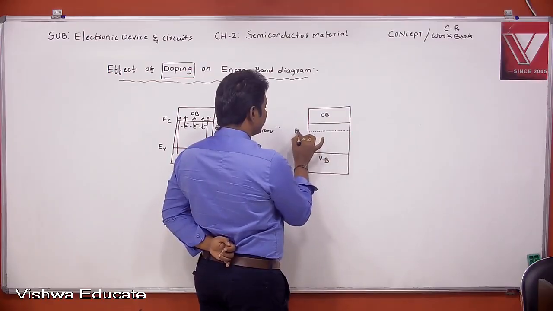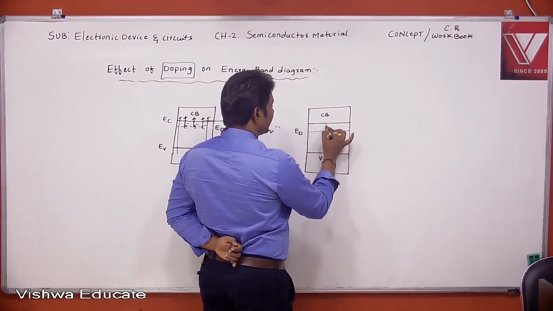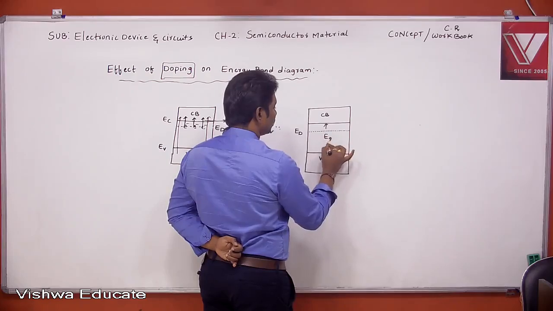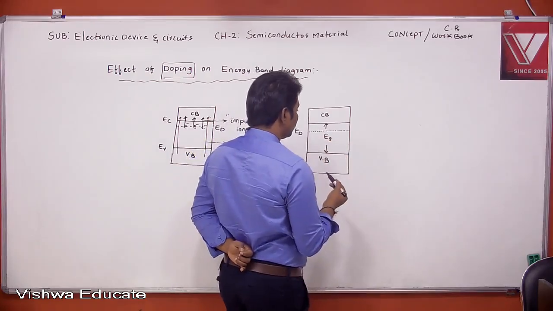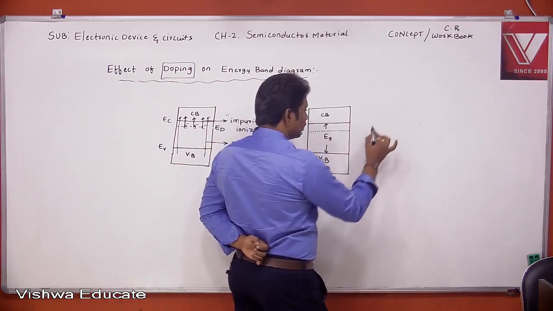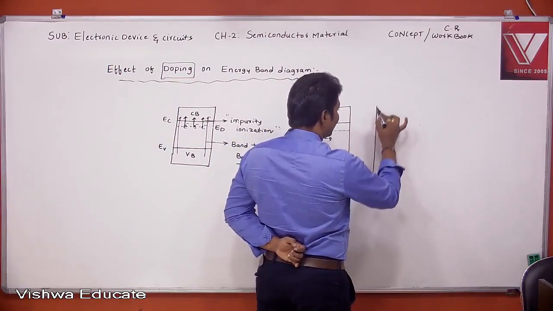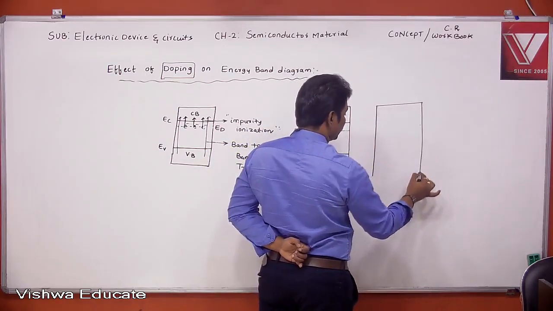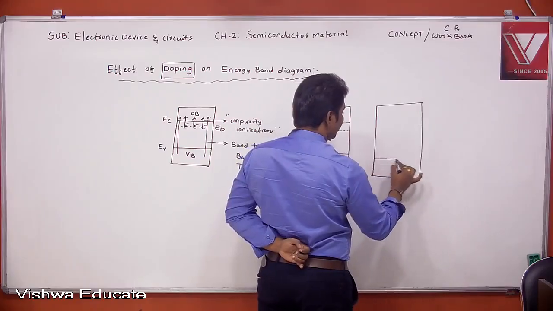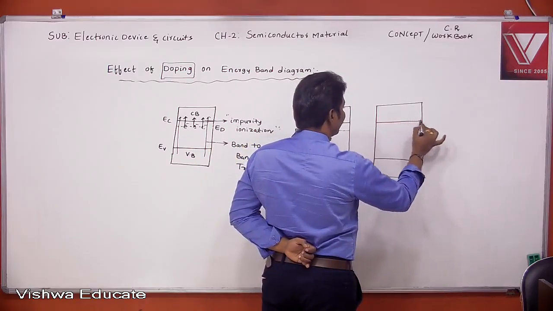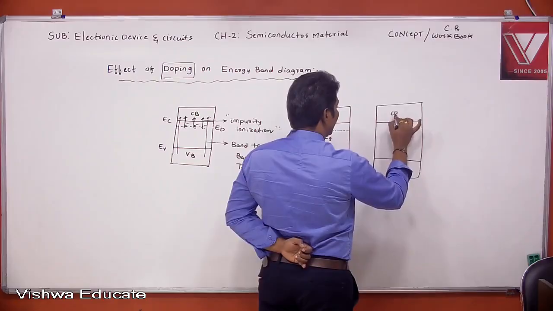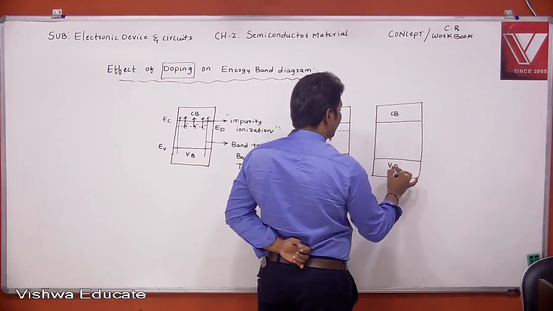But you know that the donor energy level is a single line because of light doping. Similarly, when the N-type semiconductor is heavily doped, that means you increase the doping concentration more, then what happens?